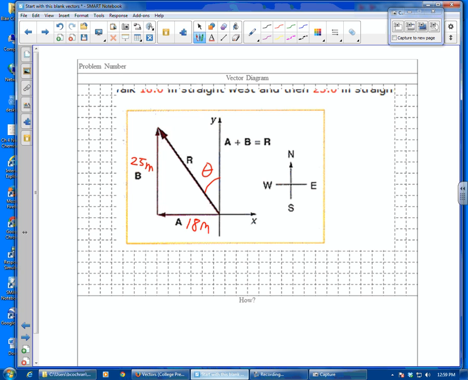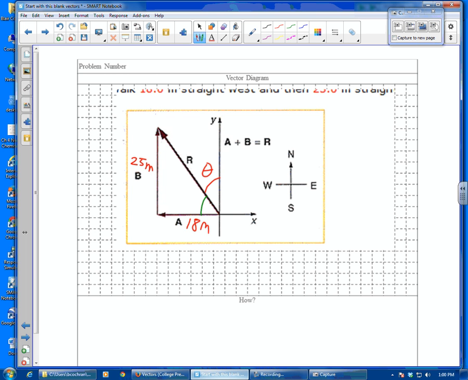Sarah? Like here? That's theta, by the way. So you're saying find this angle. Ah.